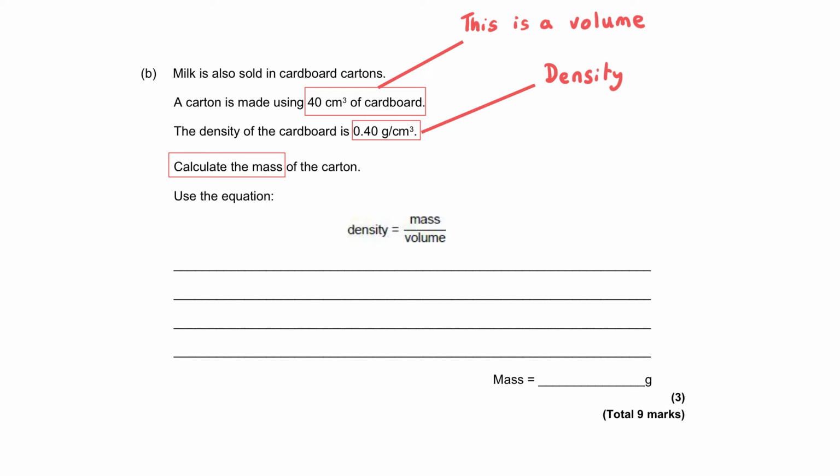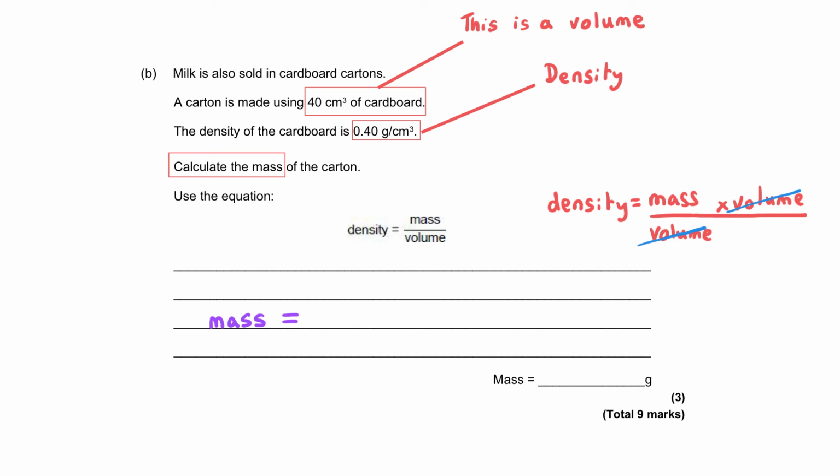The first way is if you're confident with rearranging, in terms of confident with the algebra, I would propose doing that. And what we need to do, therefore, is make mass the subject of this expression. And so to do that, we need to get mass on one side by itself. Currently, the mass is being divided by volume. So we need to multiply that by volume, and then what we'll get is mass multiplied by volume divided by volume.